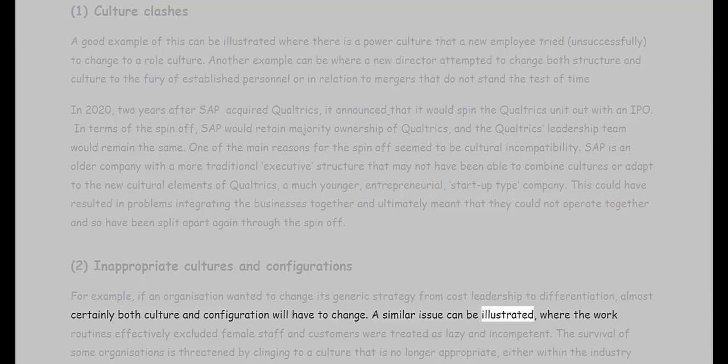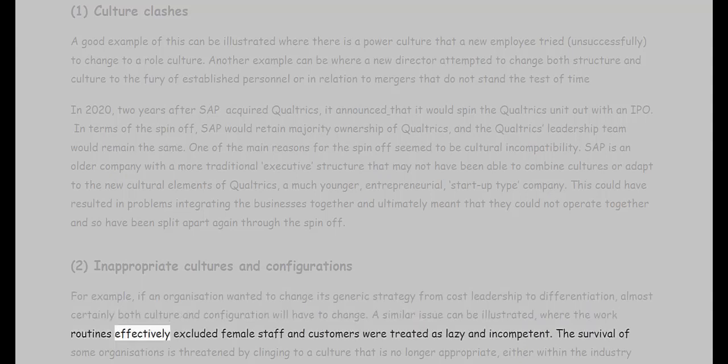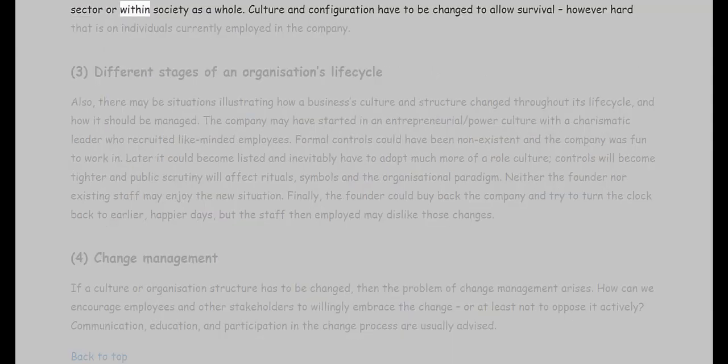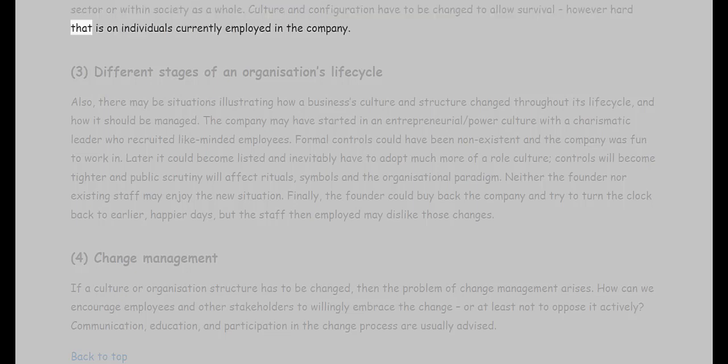A similar issue can be illustrated, where the work routines effectively excluded female staff and customers were treated as lazy and incompetent. The survival of some organizations is threatened by clinging to a culture that is no longer appropriate, either within the industry sector or within society as a whole. Culture and configuration have to be changed to allow survival, however hard that is on individuals currently employed in the company.